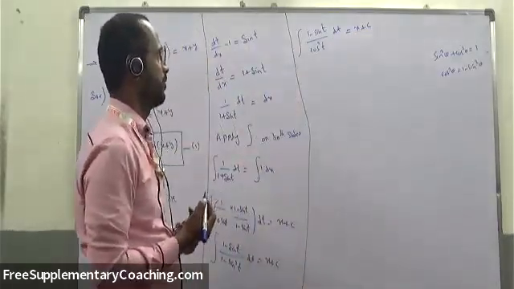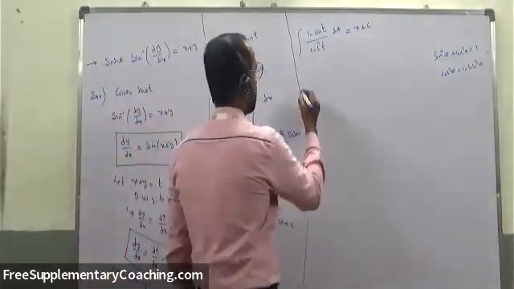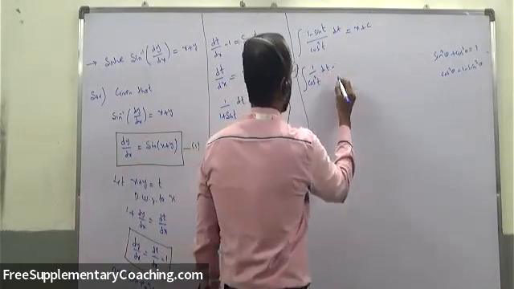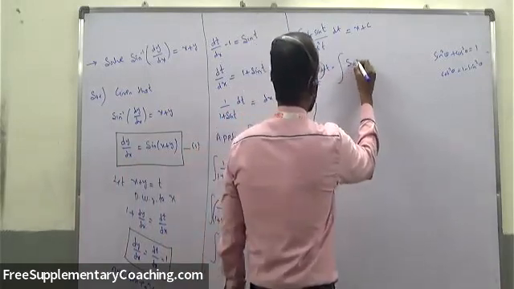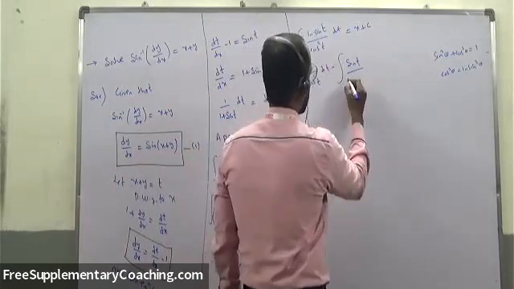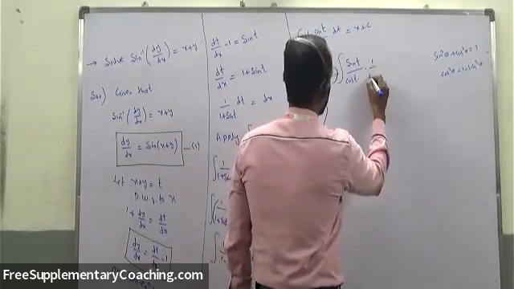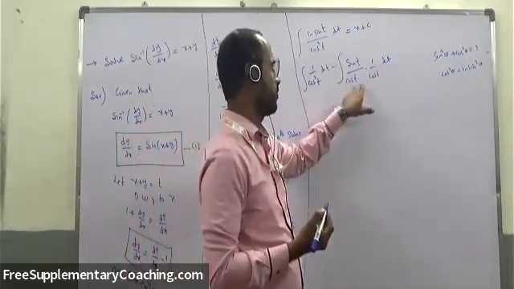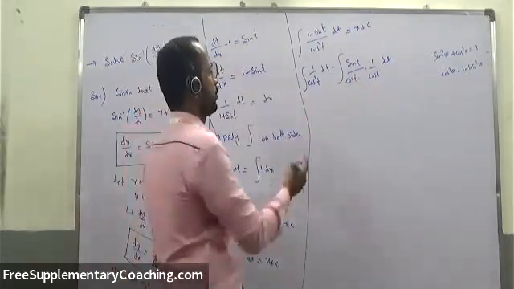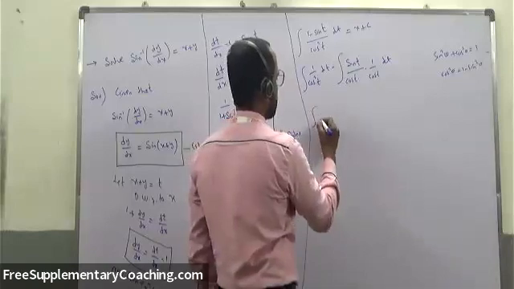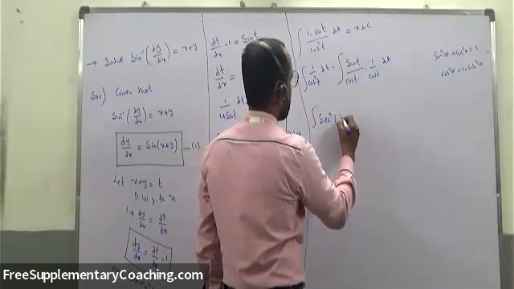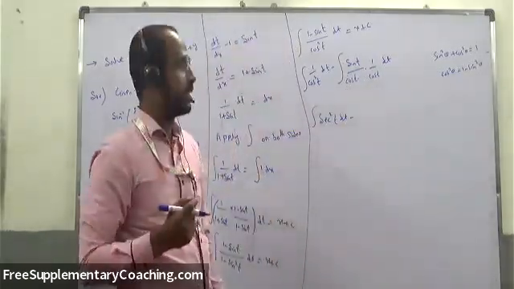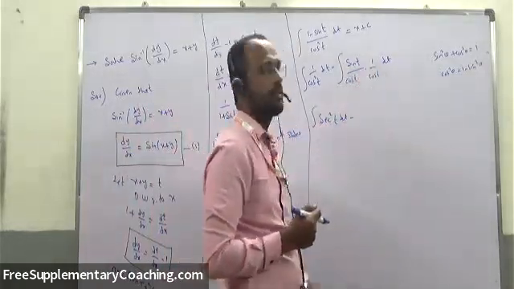Now separate the terms with respect to the numerator and write the denominator. Integration of 1 by cos square t into dt minus integration of sin t by cos square t, which I'm writing as sin t by cos t into 1 by cos t into dt. Remaining everything is the same. 1 by cos is nothing but secant, so secant square t into dt minus sin t by cos t is tan t, and 1 by cos t is secant t.